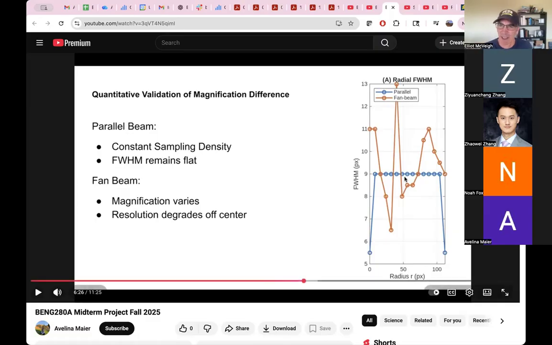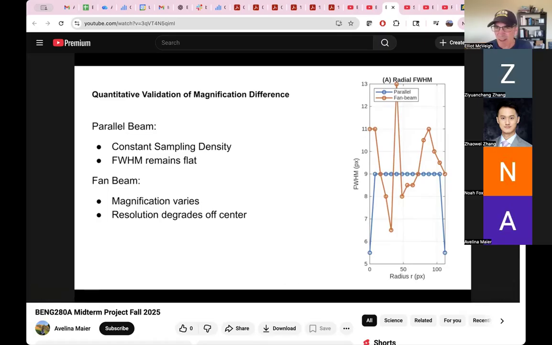I just wanted to add, when we were looking at this image and graphic, what made more sense to us was that the system geometry of the parallel beam stayed constant.